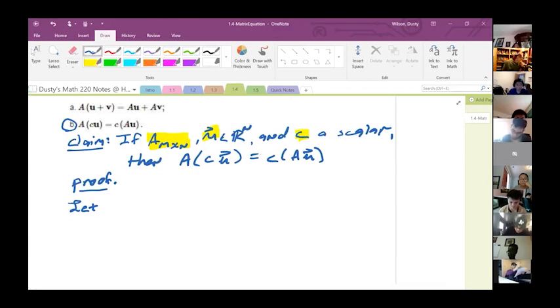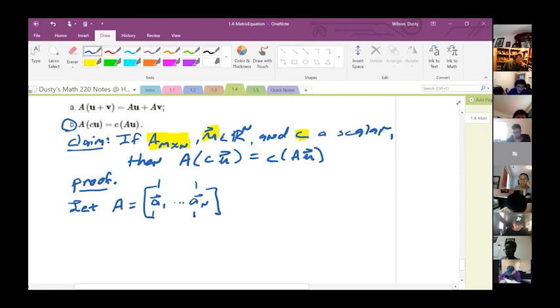So we're going to say let A be given, and knowing where we're going to go, I'm going to break out our A into its columns. So let A equal A1 to An, u, which is equal to u1 to un, and scalar c.